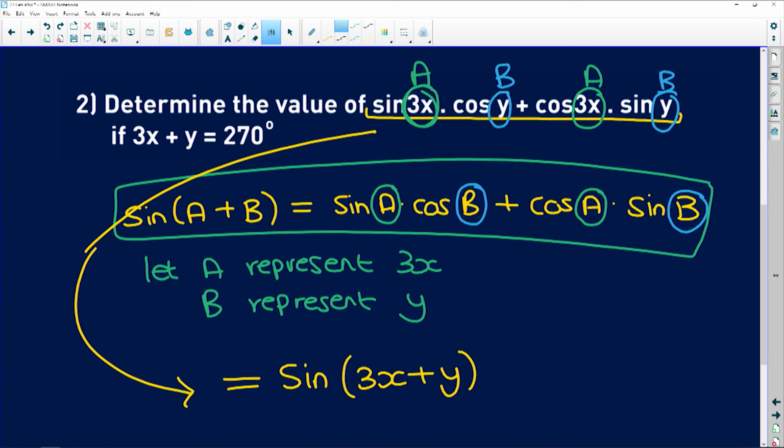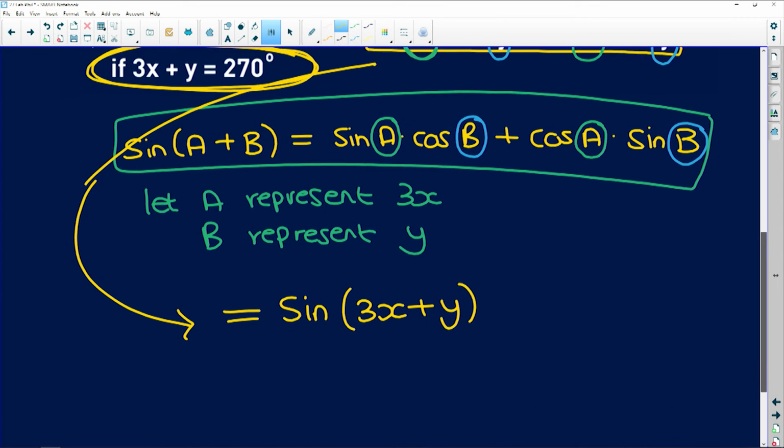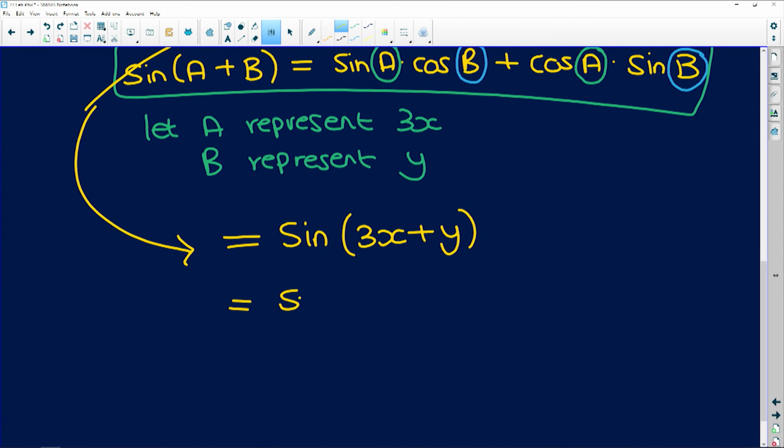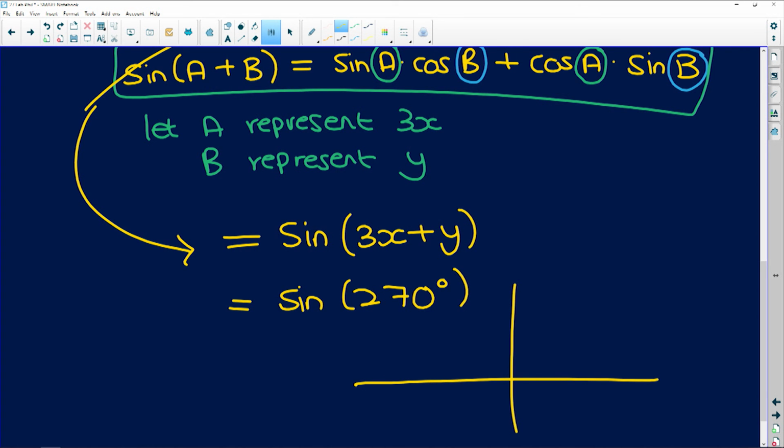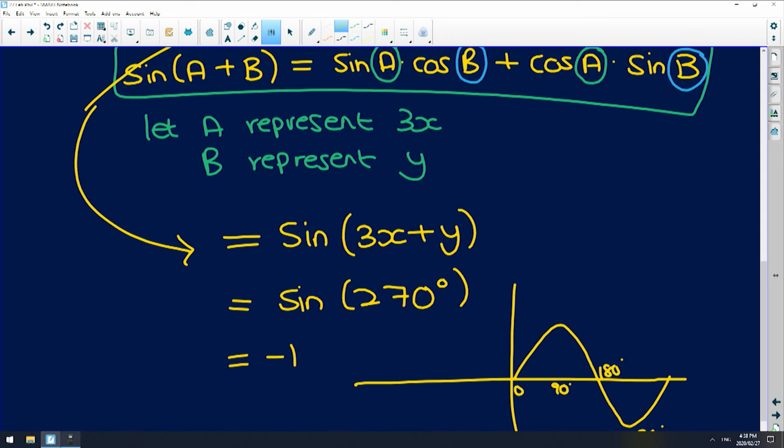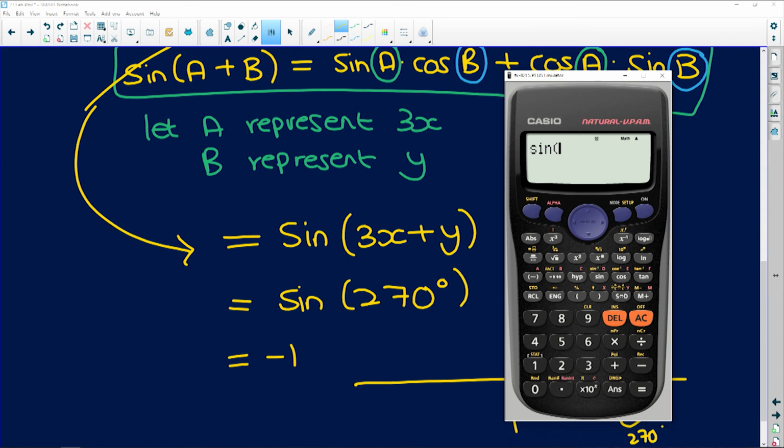Okay? Then they give it very adamantly that 3x plus y is 270 degrees. So we're going to get sine of 270 degrees. Okay, you guys should know from your graph, sine starts at 0, goes to 1, 0, negative 1, and then comes back. Okay, 0, 90 degrees, 180 degrees, 270. So you should know that sine of 270 is negative 1. Otherwise, you can always just go and check it out on your calculator and you will get negative 1.